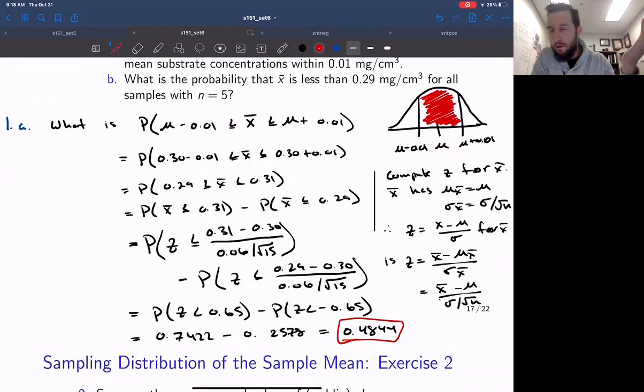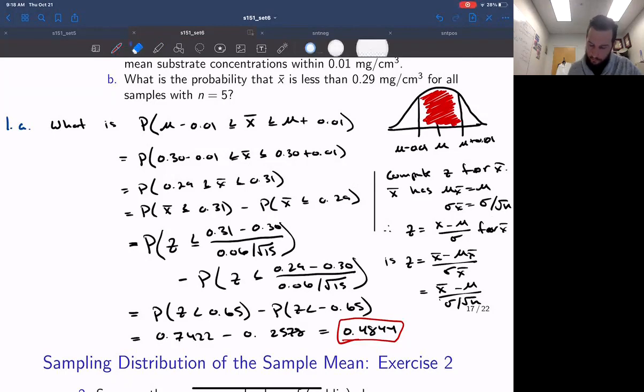So if we start with a normal population, the sampling distribution has to be normal, and we're free to do this kind of calculation. If we do not know the population distribution, or the population is not normal, we just have to make sure we collect more than 30 observations, and then we can do this calculation. Sorry, it's 0.2578.